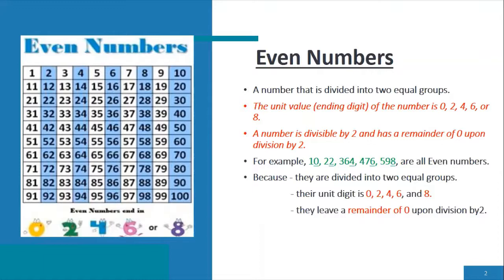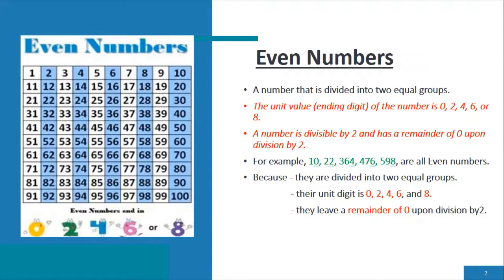Let's have a look at the examples given here. These are 10, 22, 364, 476, 598. These are all even numbers. Now, in these numbers, you can see their last digit, meaning the unit value. The first number 10 has unit value 0.